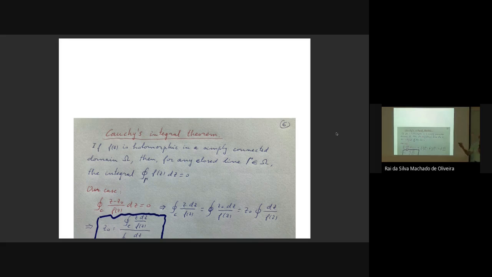More or less what I explained that happened with the conservative fields in R2. So in our case, remember that I said that the function g was holomorphic, so the inverse of the function will be holomorphic. So this is the inverse of the function. By virtue of this theorem, if we evaluate the integral over a closed curve, this is equal to 0.